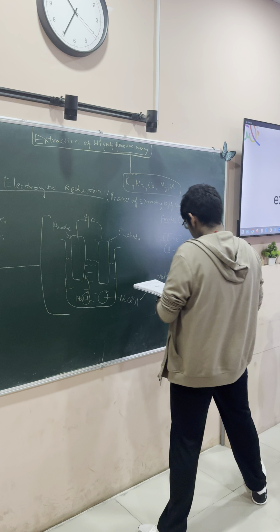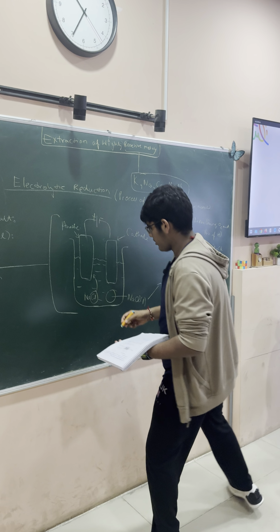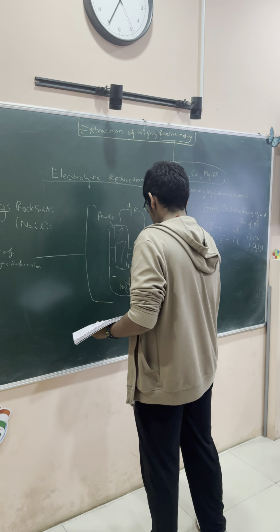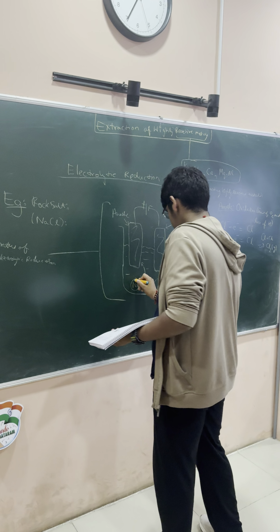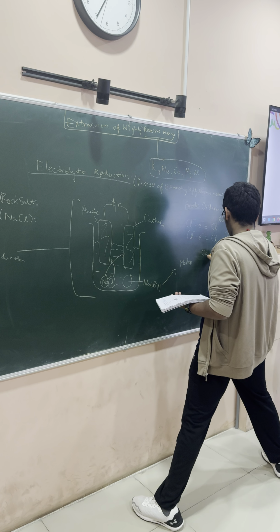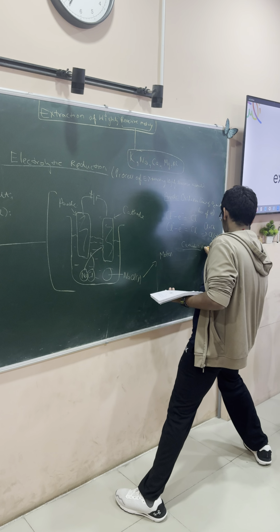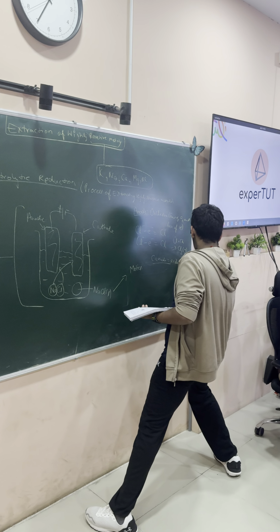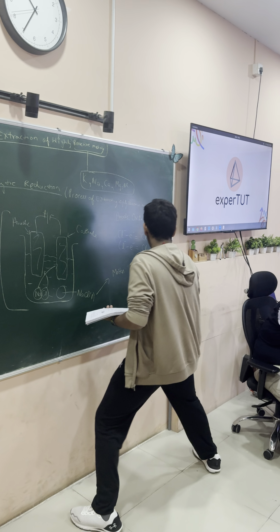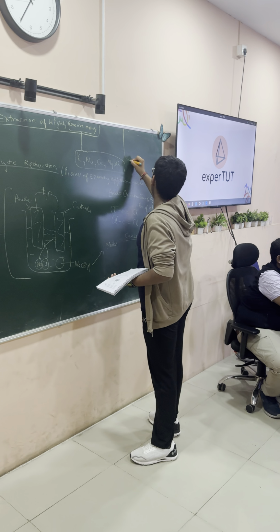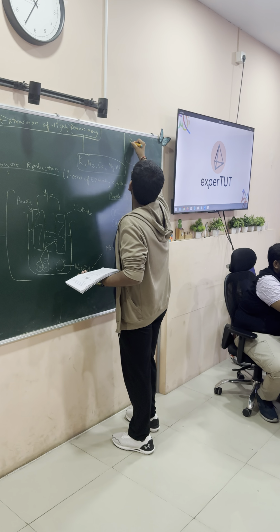Now, afterwards, what happens in the cathode? So Na goes here and becomes Na plus, so it adds an electron. What happens in the cathode is reduction. I'll write the meaning of reduction here.